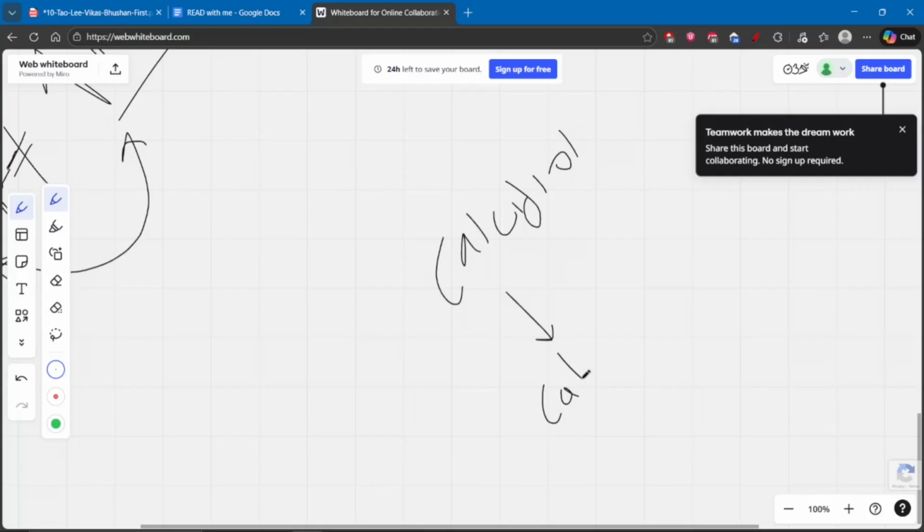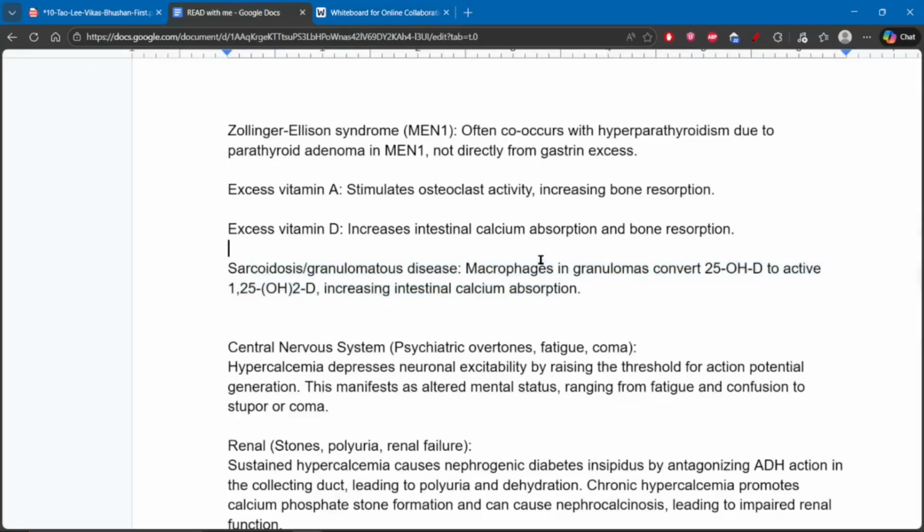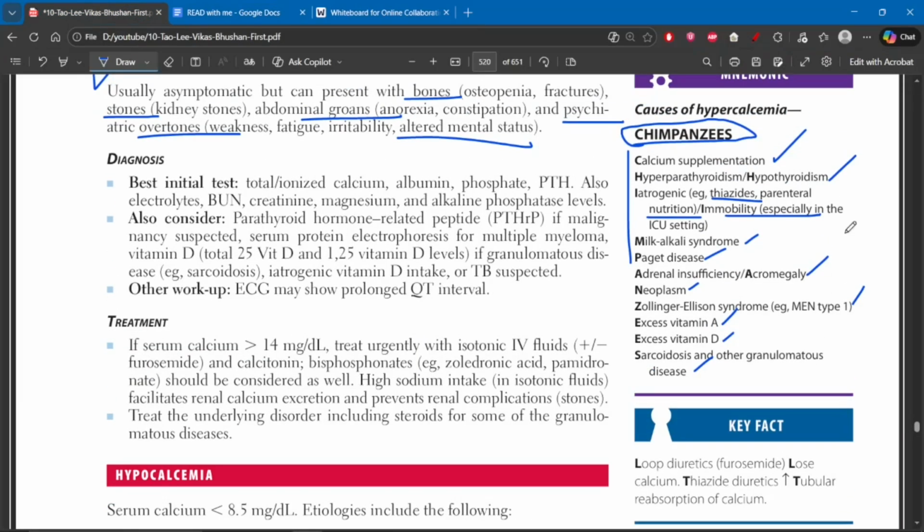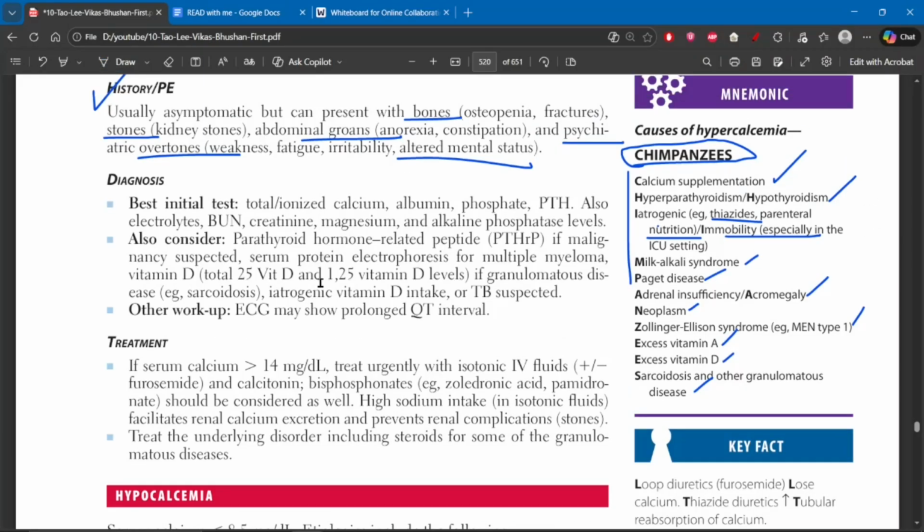So they're basically producing more vitamin D, the active form, right? And of course that would in itself lead to increased intestinal calcium absorption. So these are all the etiologies of hypercalcemia, why hypercalcemia can occur.